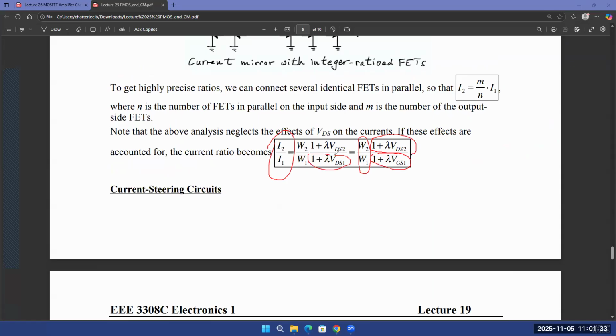So basically that 1 plus lambda VDS parameter will also come in the numerator and denominator for transistor 2 and transistor 1.